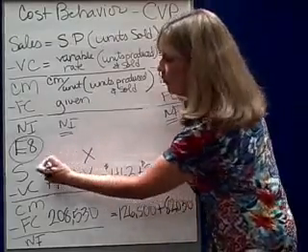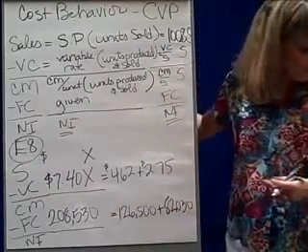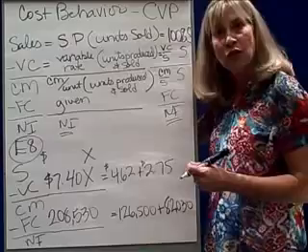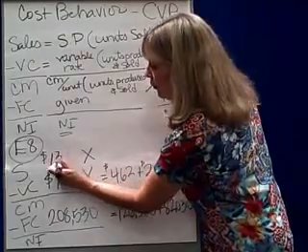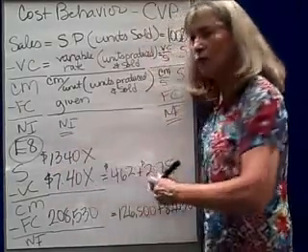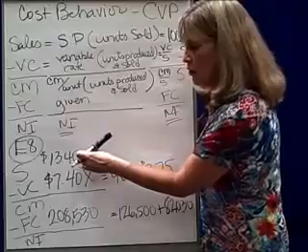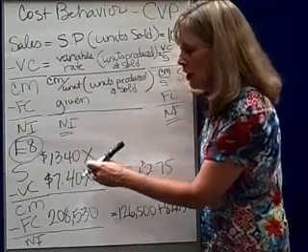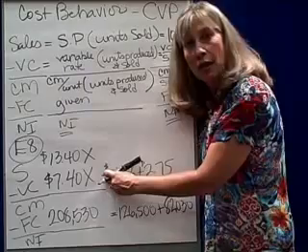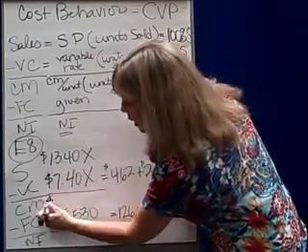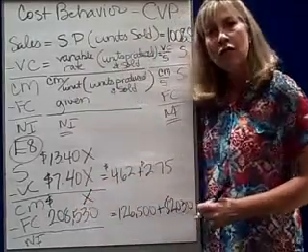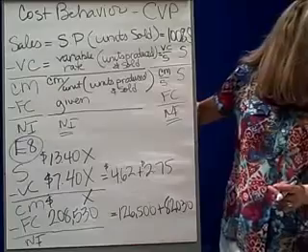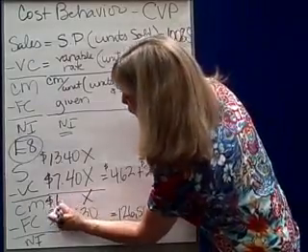This problem also tells me that the sales price, what I'm going to charge for these products, is $13.40. So does it make sense then, if I'm charging $13.40 for every unit produced and sold, and my variable cost is $7.40, that my contribution margin for every unit I sell is going to be the difference, or $6?